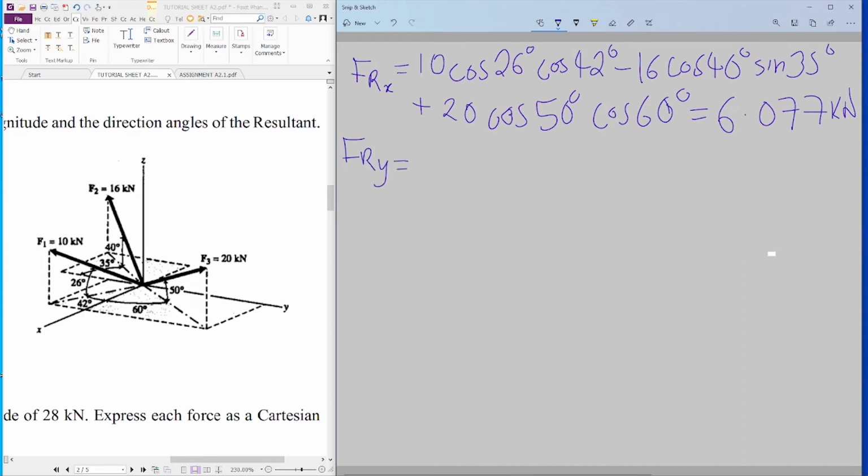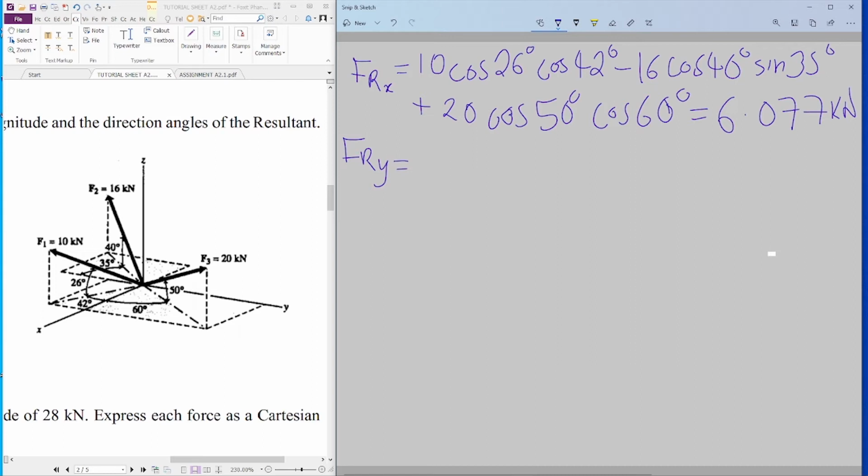Okay. So my FRy is equal to, basically it will be the same, except where I was putting that second cos I need to put the sine, and where I was putting the second sine I need to put the cos. And see the direction, whether it's negative or positive.